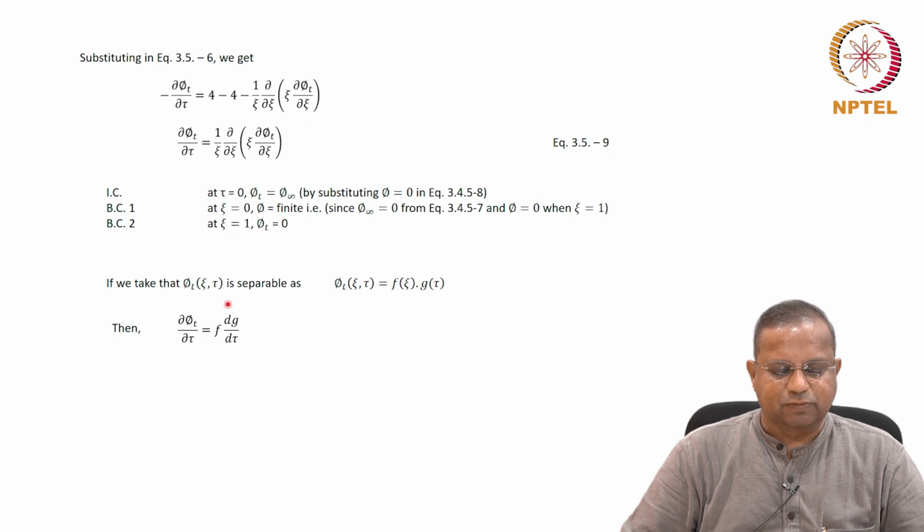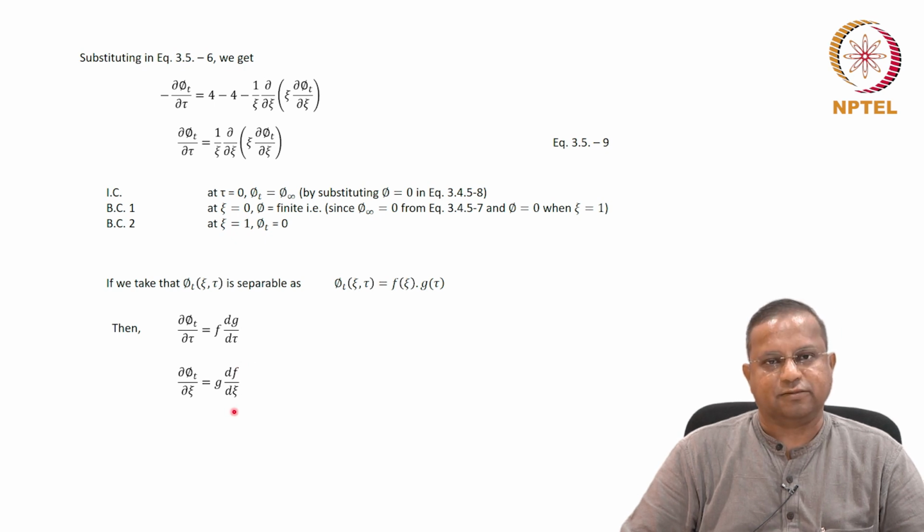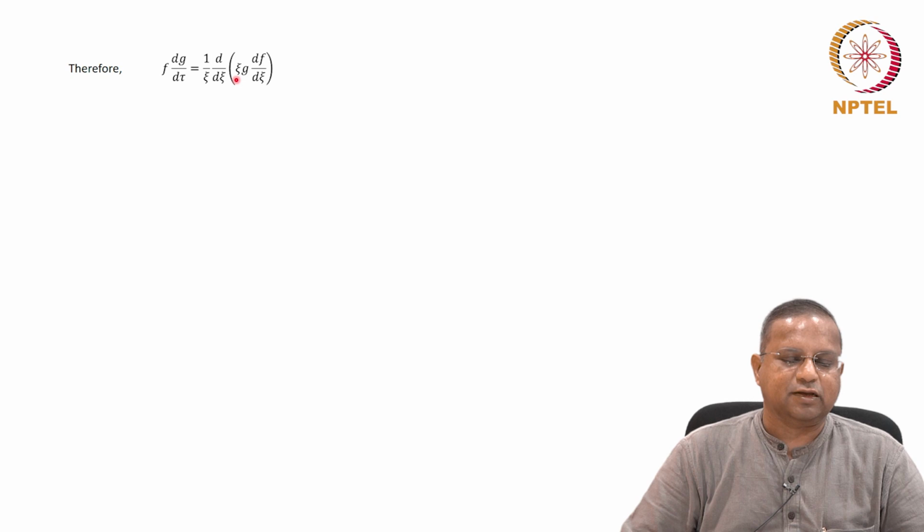We are taking it as separable because we can write this in terms of the total derivative. ∂φ̃/∂ξ is g times df/dξ. Therefore, we put it back, we get f dg/dτ equals (1/ξ) d/dξ (ξ g df/dξ). So we have converted this into a total differential equation, or an ordinary differential equation.